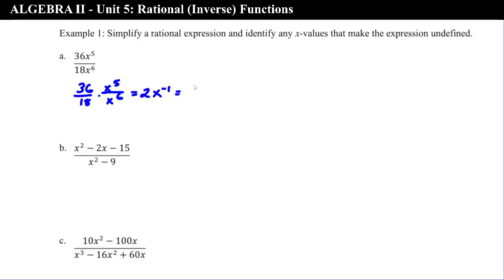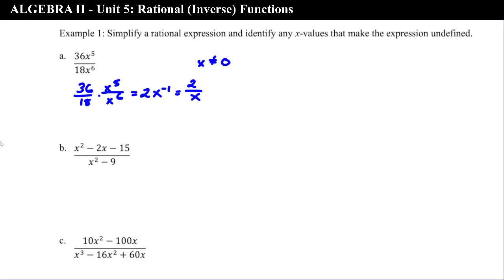But we can't leave a negative exponent in our answer, so we end up writing 2 over x. Now, what values make this expression undefined? Well, we've got an x in the bottom, so x cannot be 0, because that would make the bottom 0, and it would make the expression undefined.